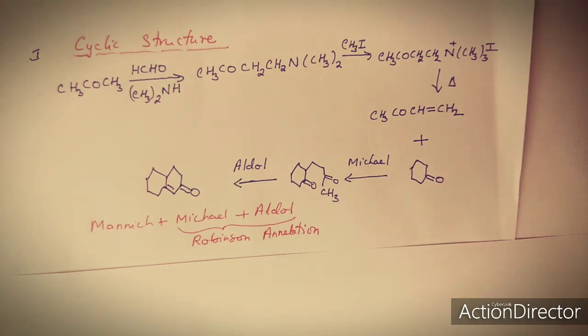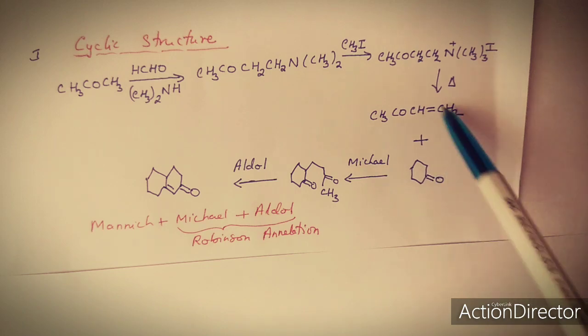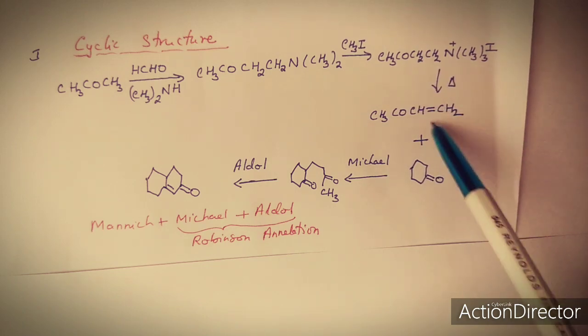Now this vinylic ketone, if to it this type of a carbonyl compound is added, what will happen? If you recollect, this is having once again our supply of electrons. Now this is, you see, Michael type.